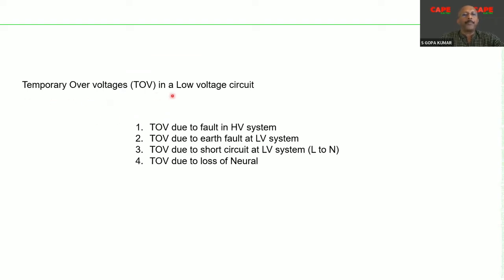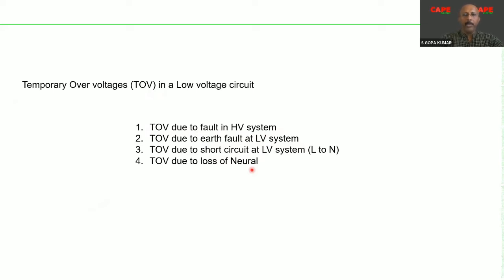Now, the next problem is temporary overvoltage. Temporary overvoltage can be experienced in a low voltage electrical line due to various reasons, such as a fault on the high voltage system, an earth fault on the low voltage system, a short circuit on the low voltage system, and the loss of neutral.